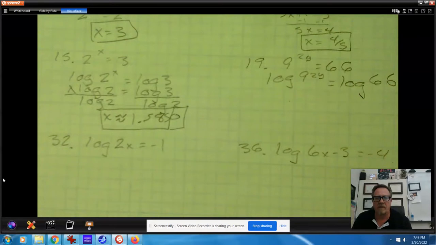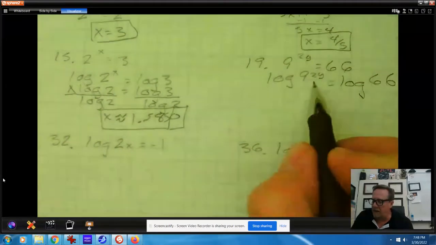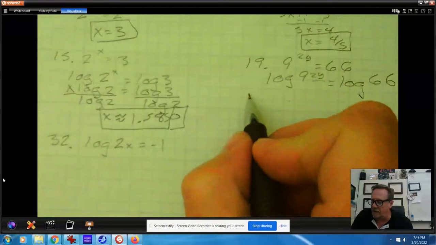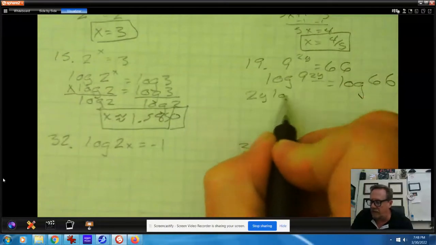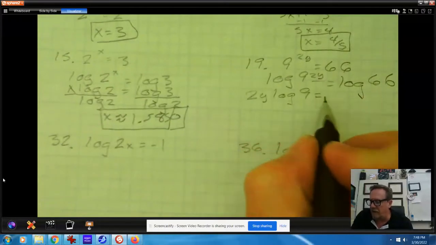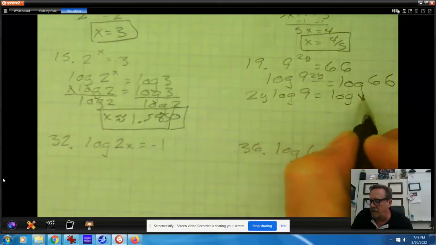How do we solve this? Well, you can put the exponent in front. So we write 2y logs of 9 is equal to the log of 66.